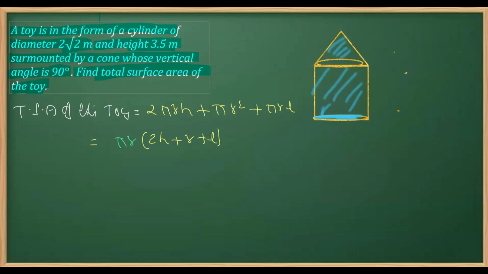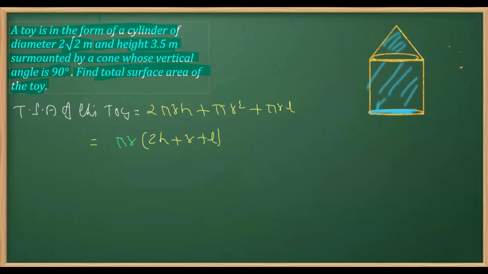Let's write down the dimensions over here. First, I know the diameter. Let's say I take AB as the diameter and this is the point P. We are told that this angle is 90 degree.